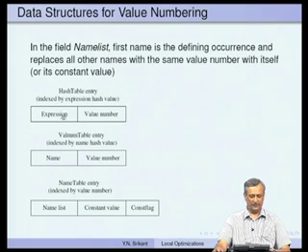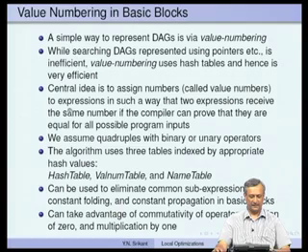In each one of these entries we store the actual expression itself and the value number. Value number is nothing but a counter. So, we initialize it to 1 and then we go on incrementing it whenever we need a new value number. So, this is the hash table which is storing expressions.